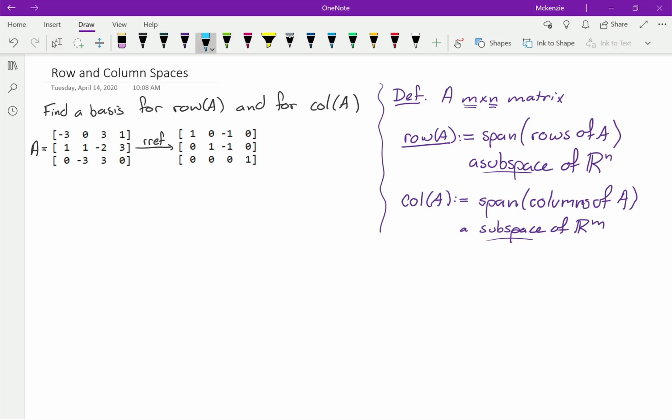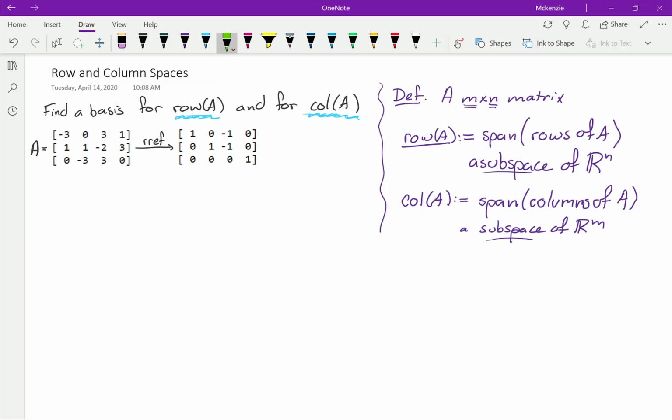Let's take a look at this example where we can find a basis for the row and column space. In the book, you'll see one way of doing this, and for the row space we're going to stick with that way. The column space, there are two ways that we can go about it because it's not as straightforward as the row space.